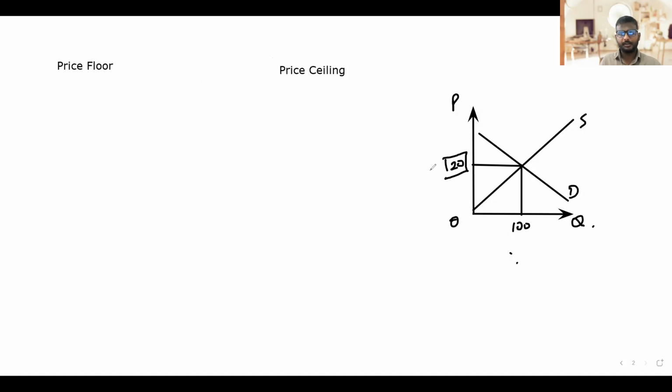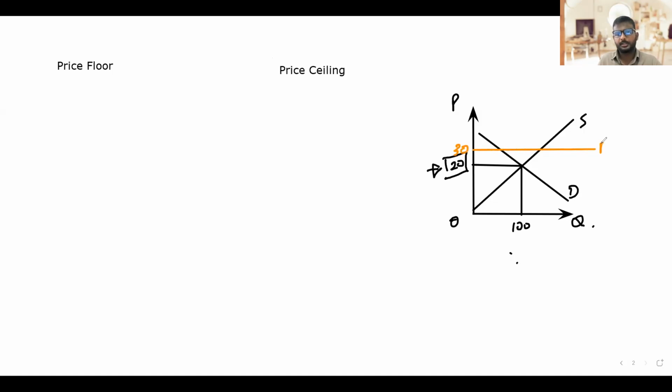For example, if 20 rupee is the market price, it's unfair to the producer. It's too low for the producer. So government will come in and set an artificial legal minimum price of, let's say, about 30 rupees.